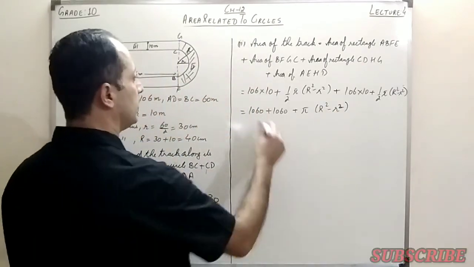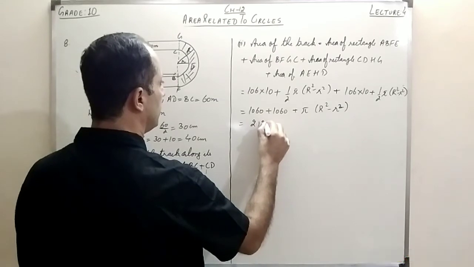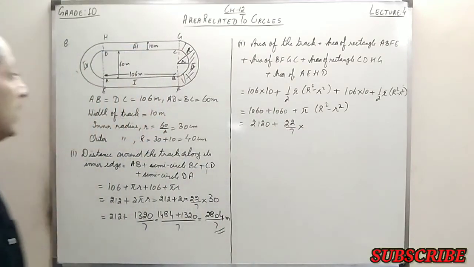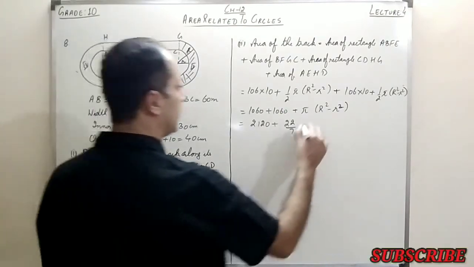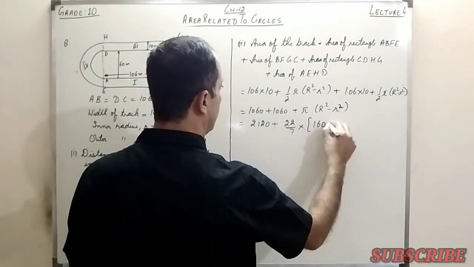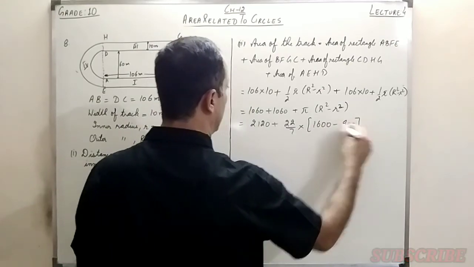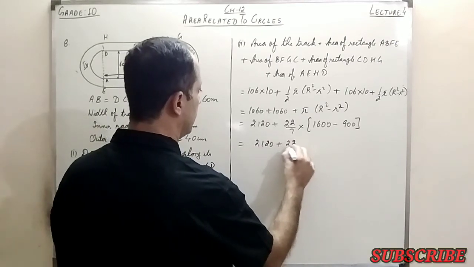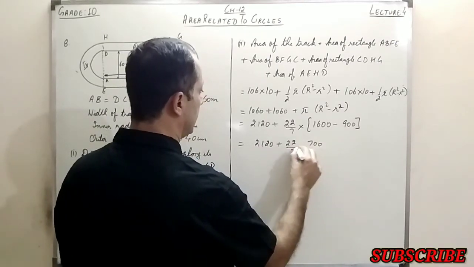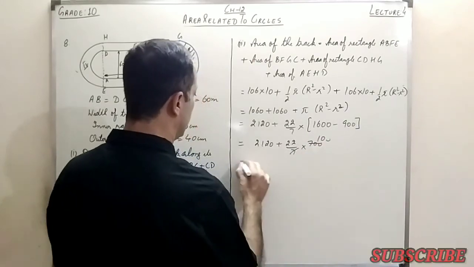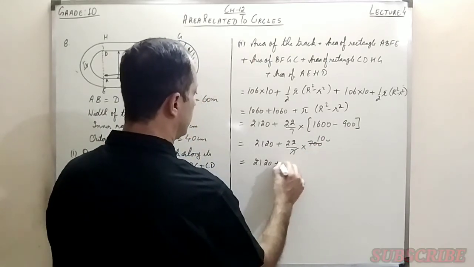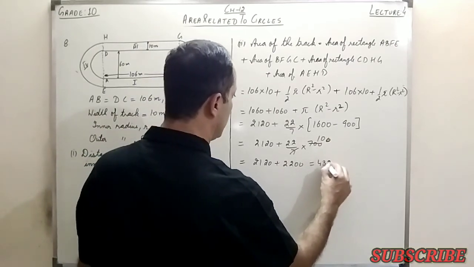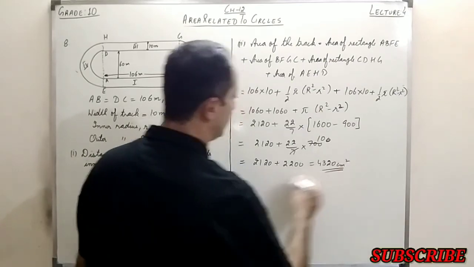So this will be 2120 plus 22 by 7 into capital R is basically 40, so this is 40 square, that comes out to be 1600, minus 30 square, that comes out to be 900. This is 2120 plus 22 by 7 into 700. This cancels out 100 and this is 2120 plus 2200 and we get the answer as 4320 centimeter square.